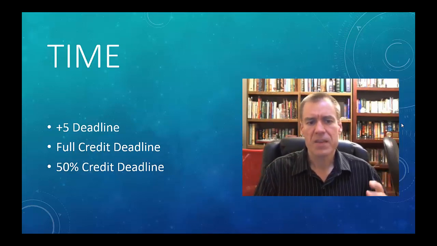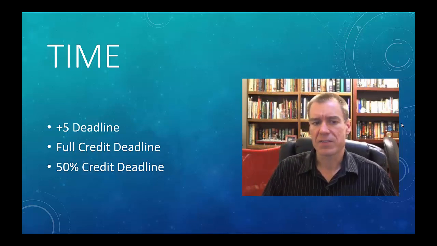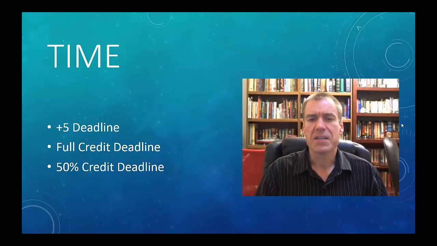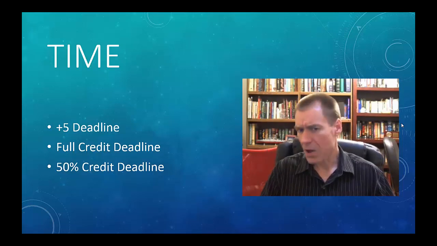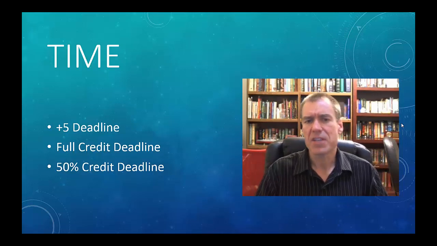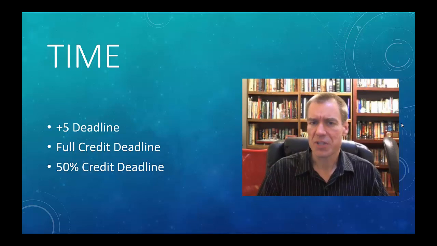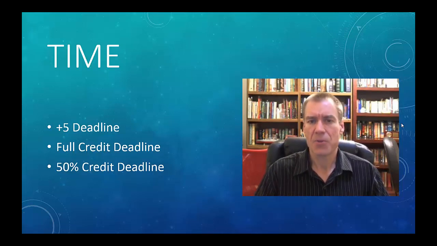And past the draft, there are basically 3 deadlines. The first one is the +5 deadline, also sometimes known as the on-time bonus deadline. That'll be set at a particular time on a particular date. Typically, the time is set to the end of class on the day that the paper deadline is set.